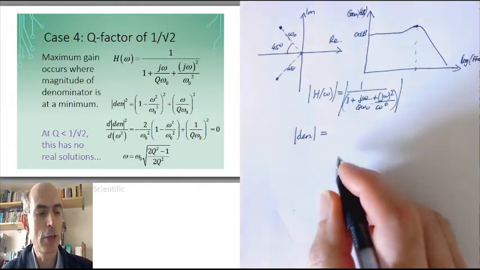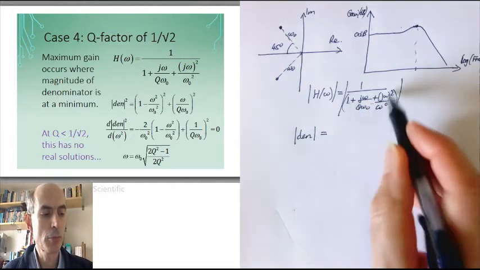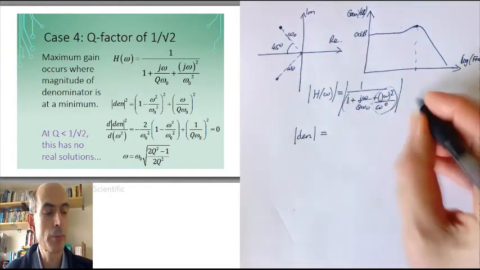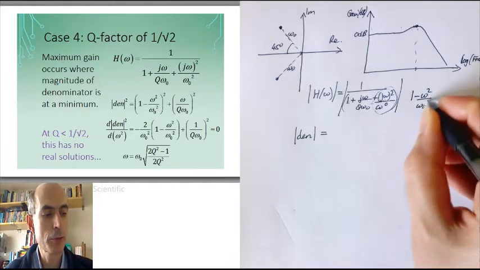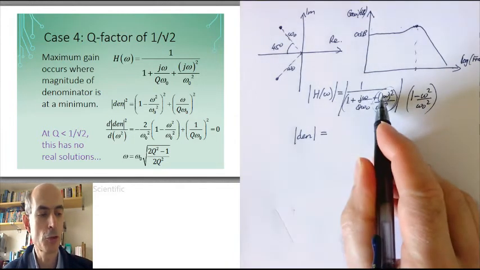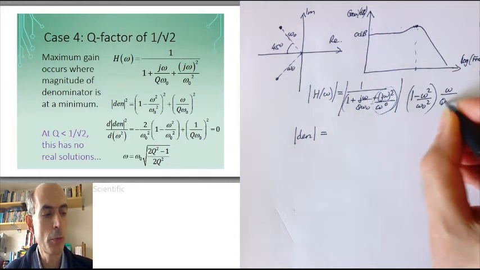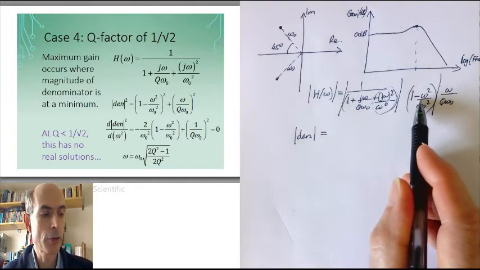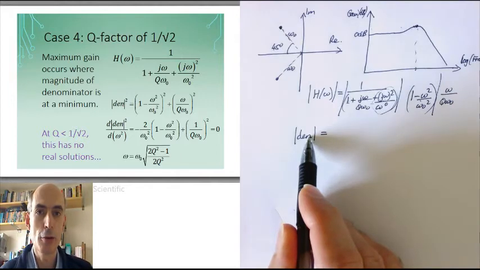And the magnitude of the denominator I can get from Pythagoras, noting that this term here is actually real. So the real component of this denominator is 1 minus omega squared over omega naught squared. The j squared is just minus 1. And the imaginary component is omega over Q omega naught. So if I take the real component and square it, and take the imaginary component and square it, and add them up, that will give me the square of the magnitude of the denominator.